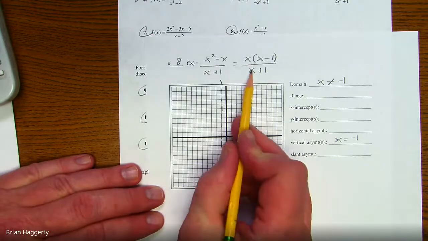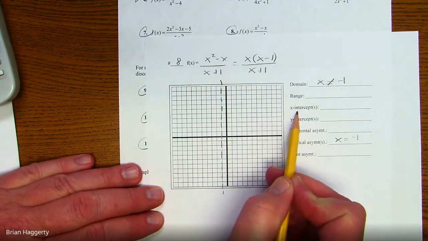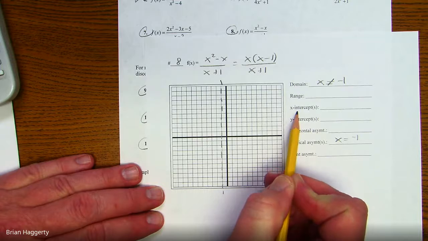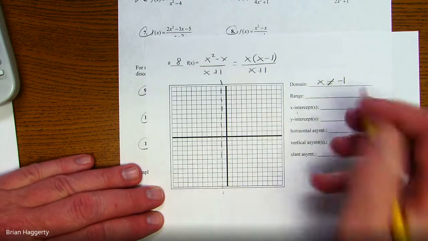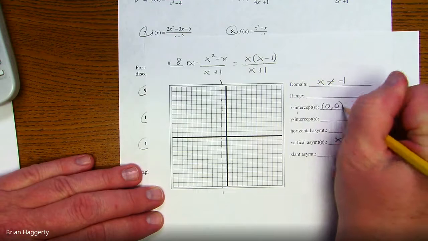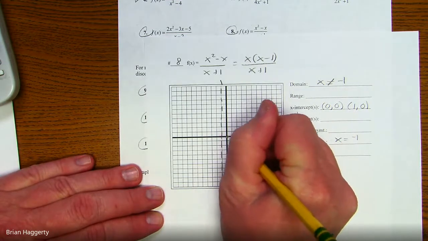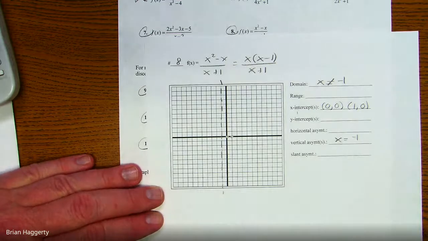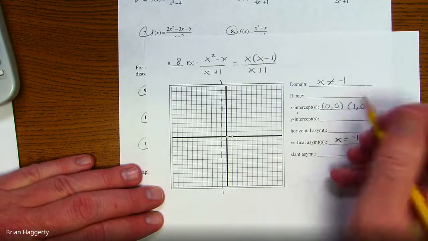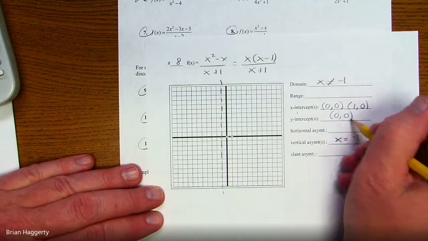As long as this is in simplified form, your x-intercepts will be when the top of the fraction is equal to 0. At 0, at 1. If 0 is an x-intercept, then it has to be the y-intercept.